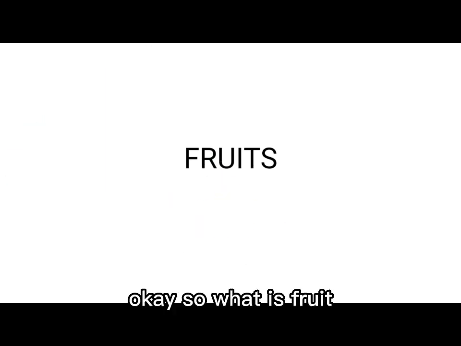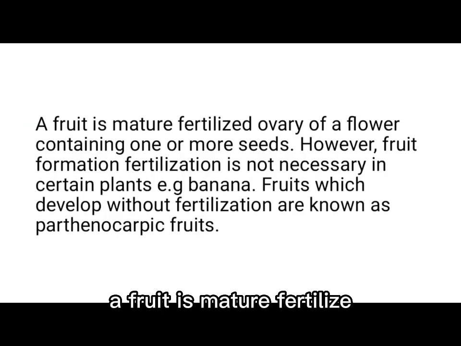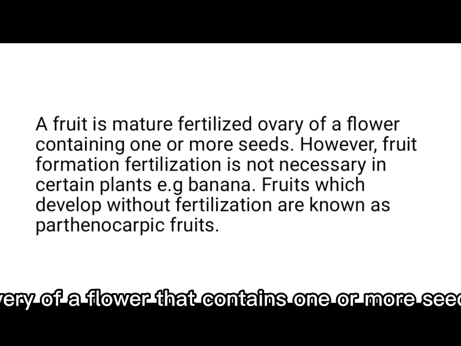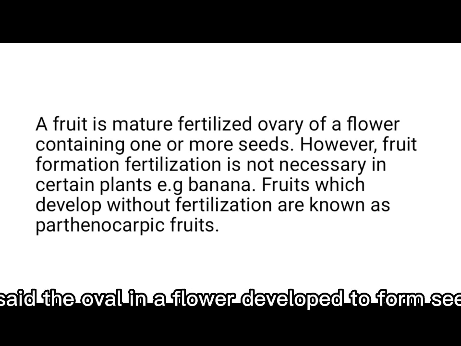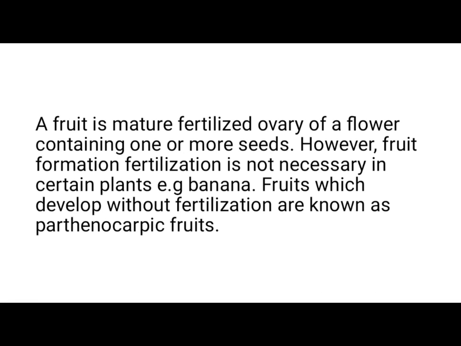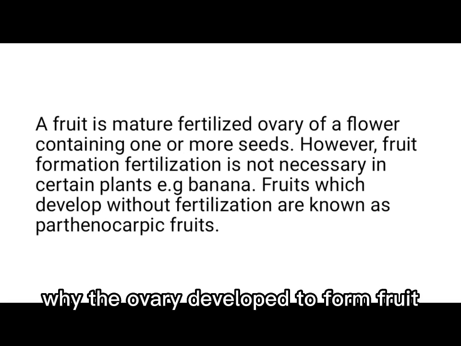So what is fruit? A fruit is a mature fertilized ovary of a flower that contains one or more seeds. I told you before, the ovule in a flower develops to form seed, while the ovary develops to form fruit.